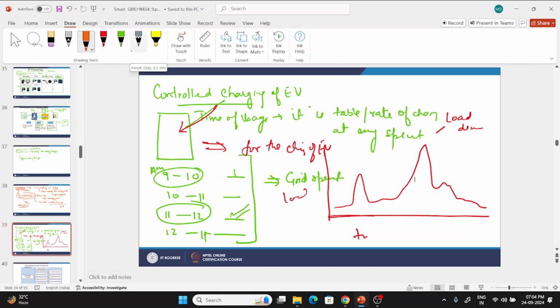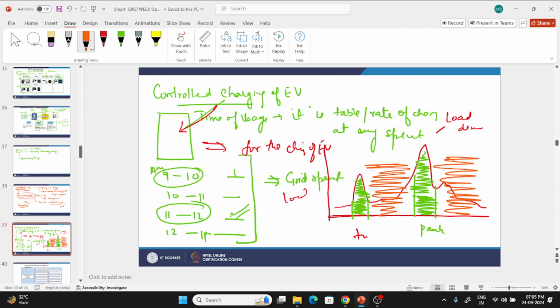For example, these are the peak load times. From the time of usage, the user can see that if I charge the vehicle in these times, the charging cost of my electric vehicle will be high. So the EV user will charge the vehicle in these other regions, if possible, and will plan their journey accordingly.